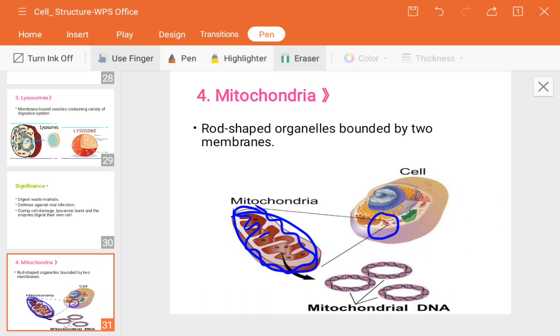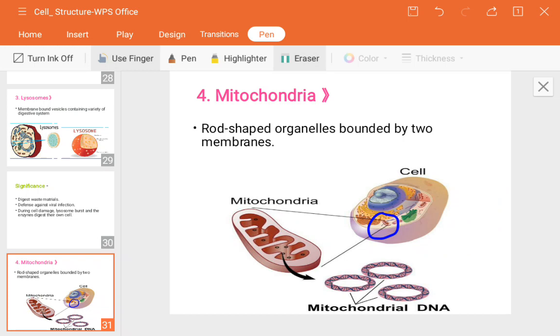Now inside the matrix, all types of nutrition are present: proteins, carbohydrates, fats, lipids. All these are present inside the matrix because they are required for the synthesis of ATP molecules. Without that, energy cannot be synthesized in our body. So that is their role.